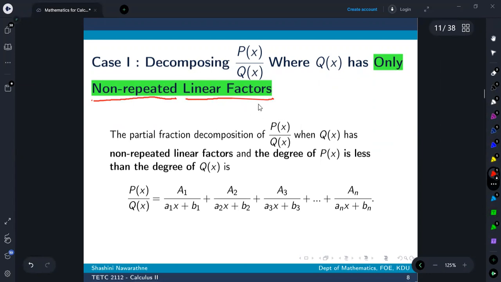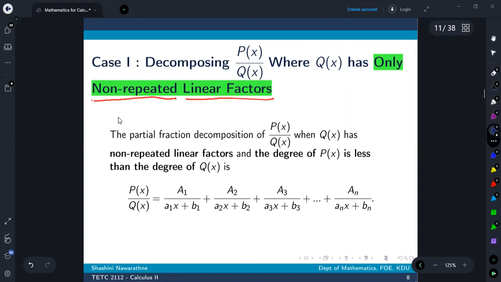So if we have a fraction in P(x) over Q(x) form, and this polynomial Q(x) has non-repeated linear factors, then we can write the expression to obtain the partial fractions in this manner. Generally, I will write it here.